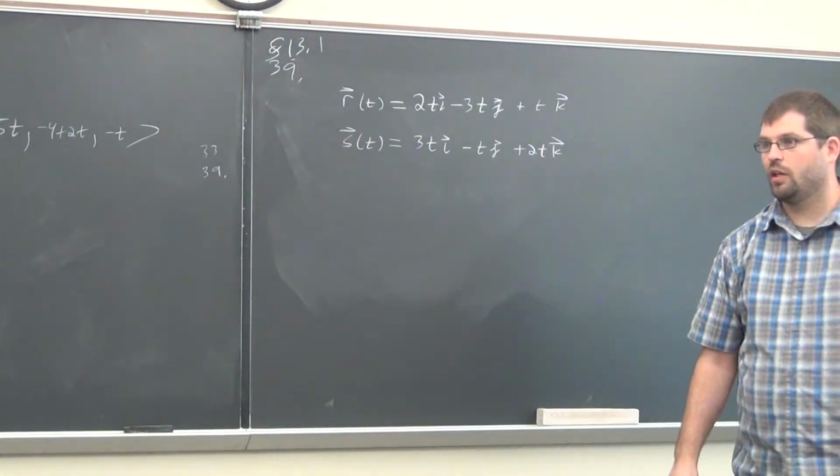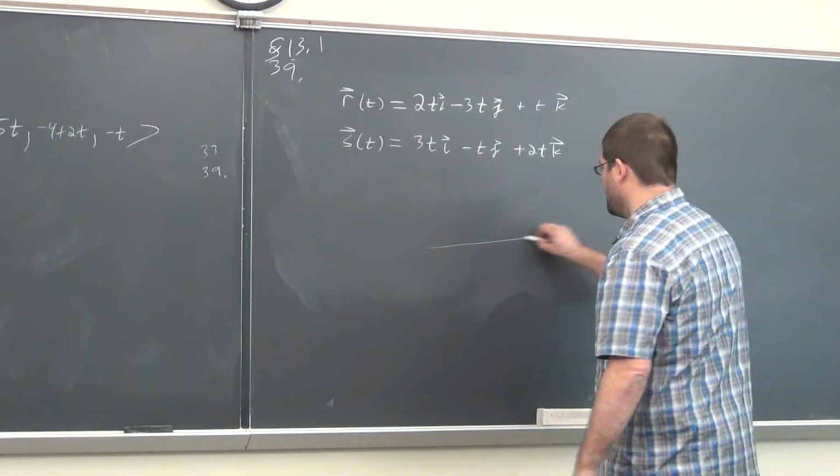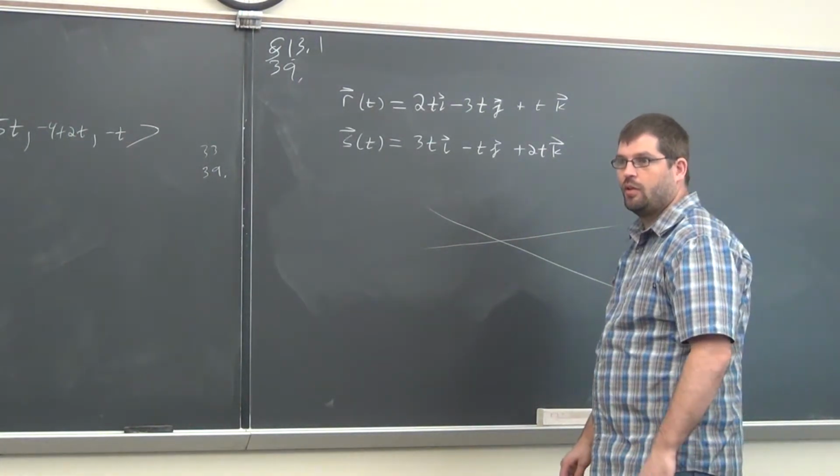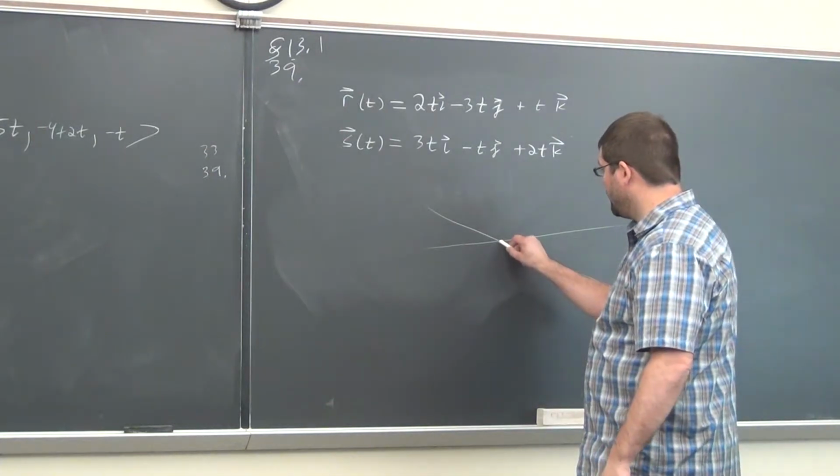This time, what they're saying is you have two different lines, and there's some plane that contains both of them. So those lines must intersect somewhere.